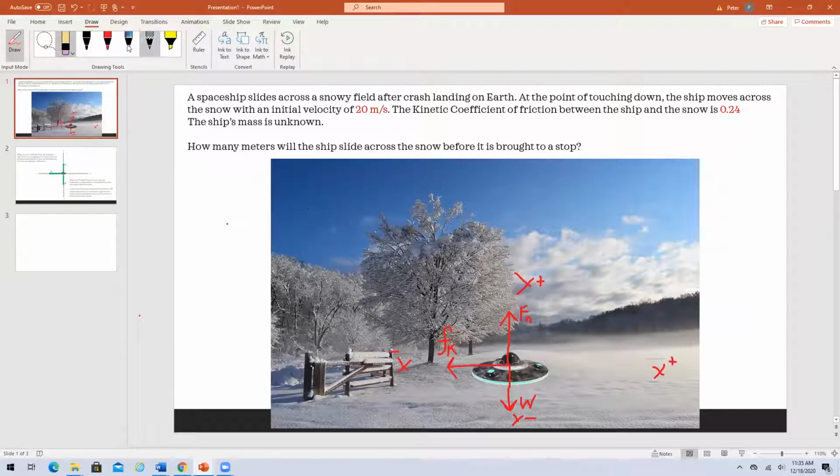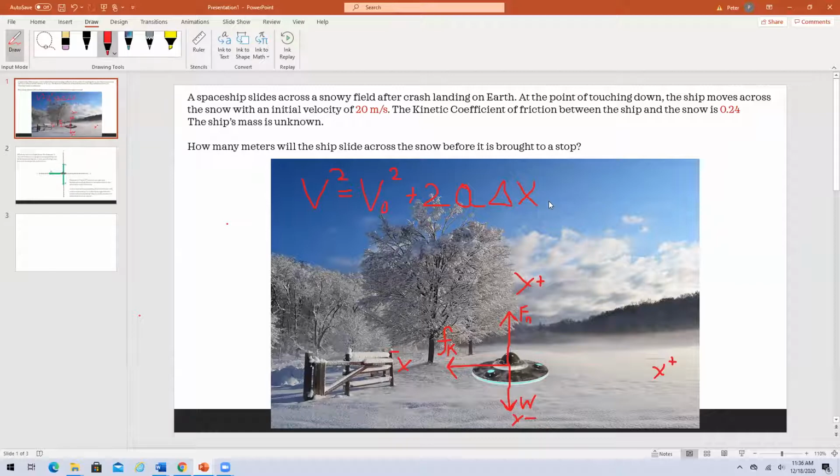Okay, so the final, let me switch back to my marker. The final velocity squared is going to be equal to the initial velocity squared plus 2 times the acceleration times delta x being the displacement that this object experiences.